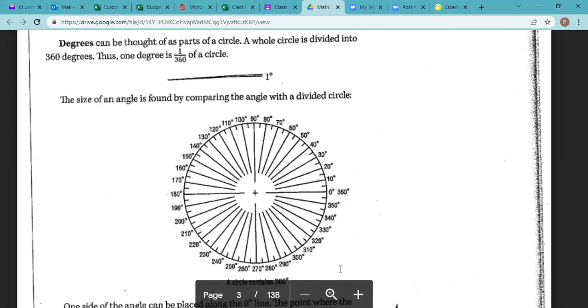And so as you can see, 0 is starting right here. And by the time you go all the way around and back to where it started, that made a 360-degree turn.